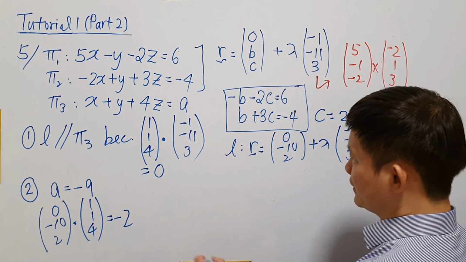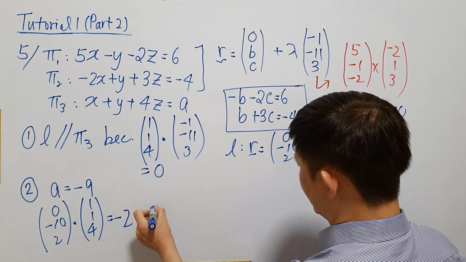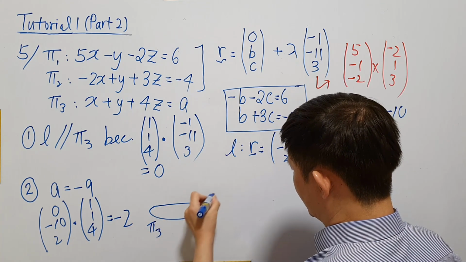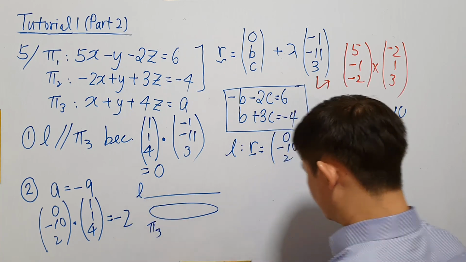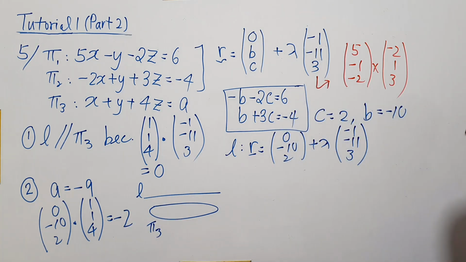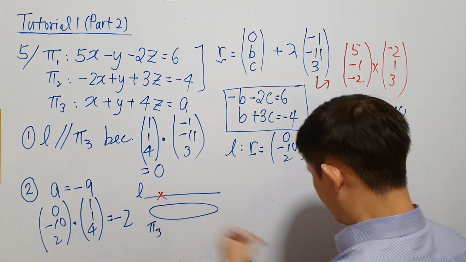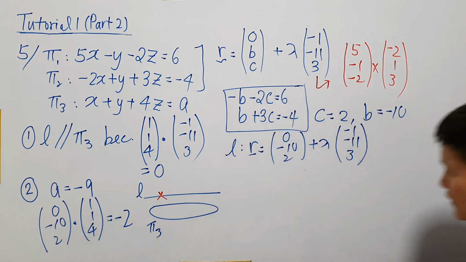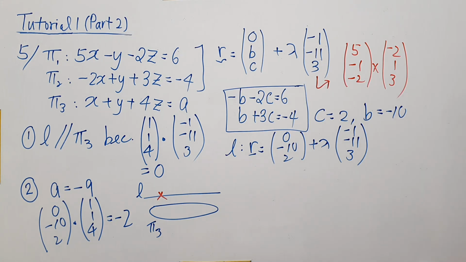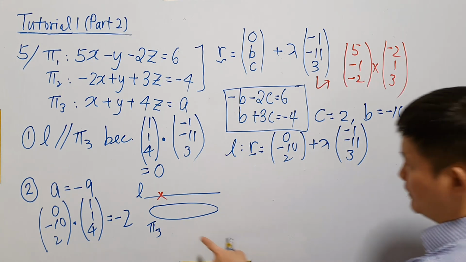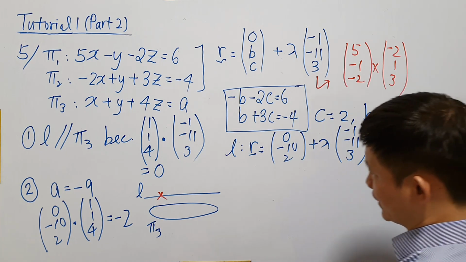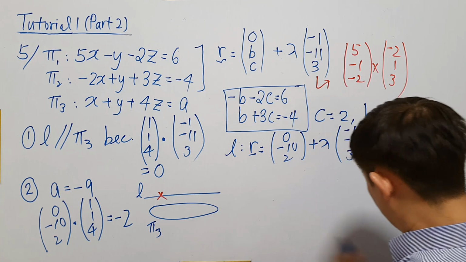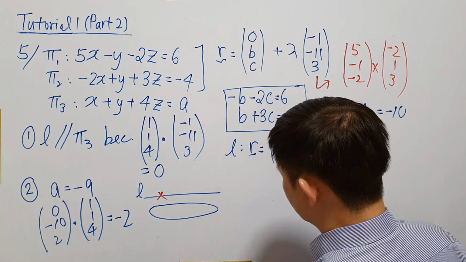So the scenario would be like this, the plane pi 3 and the line L. If the intersecting line of the first two planes doesn't meet the third plane at all, we therefore say the three planes don't meet.